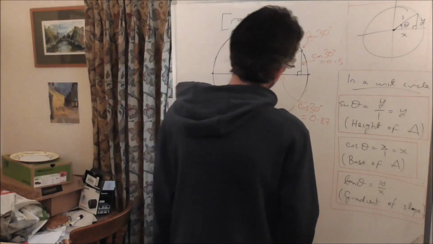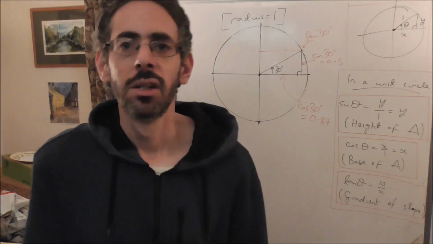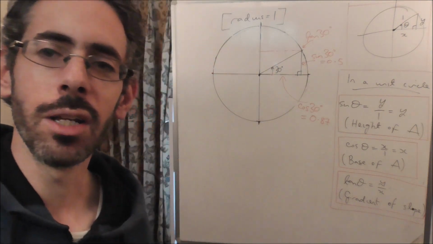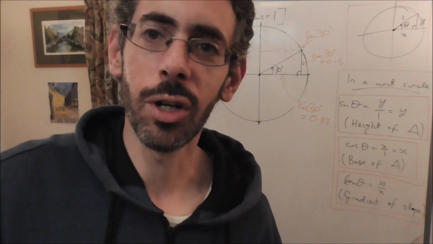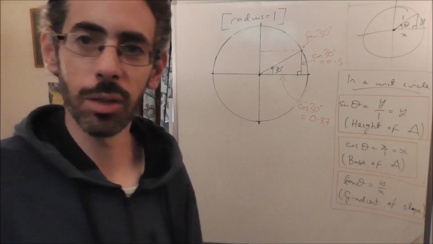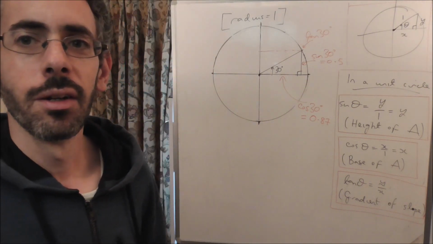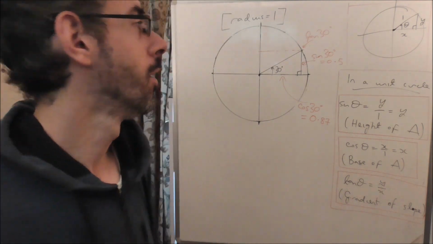It's somewhere between 5 over 8 and 5 over 9. So 5 over 8 is about 0.625 and 5 over 9 is 0.5 recurring. I wouldn't expect you to know those. So the answer is going to be somewhere in between, so maybe around 0.6. Again, I'm kind of cheating because I know what the answer is already.